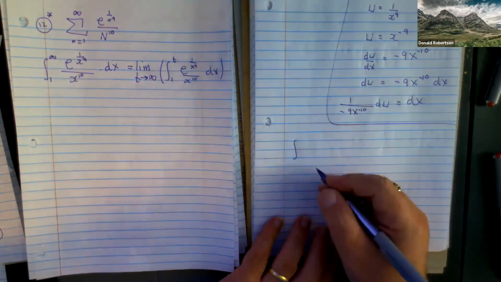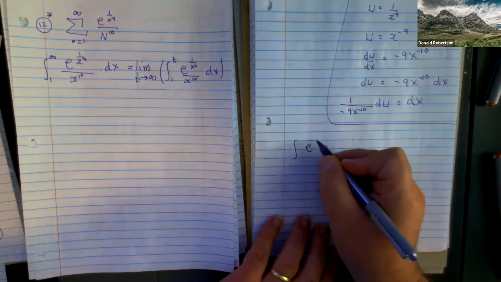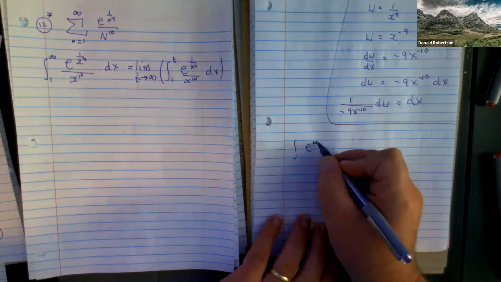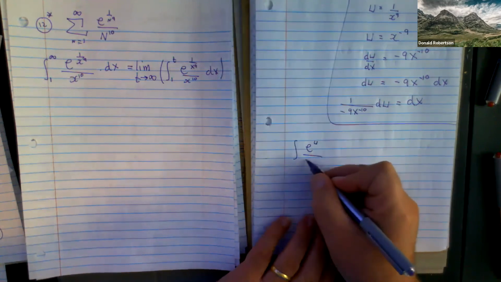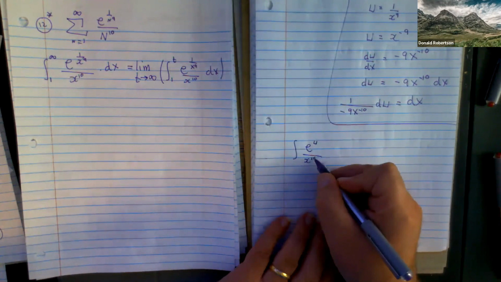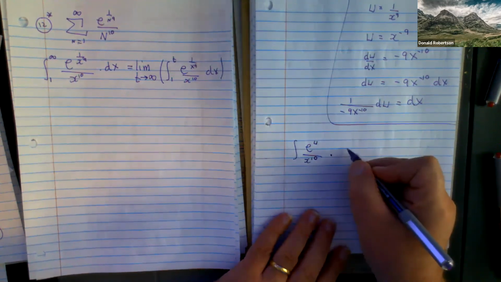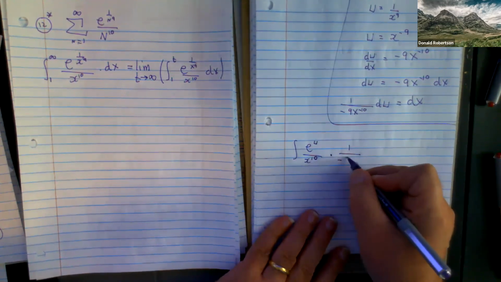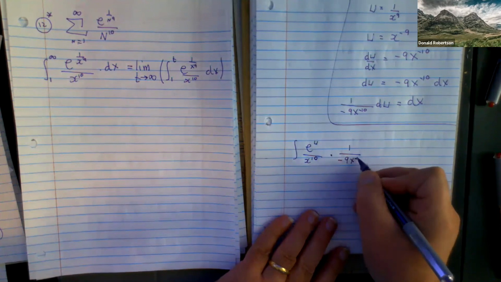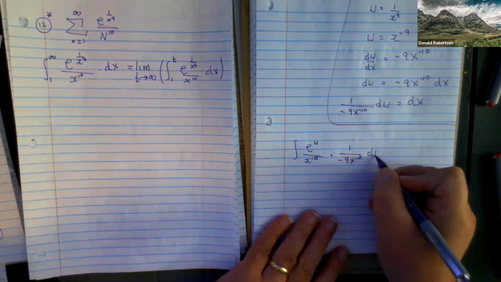So the integral becomes e to the u over x to the 10 times 1 over negative 9 x to the negative 10 du.